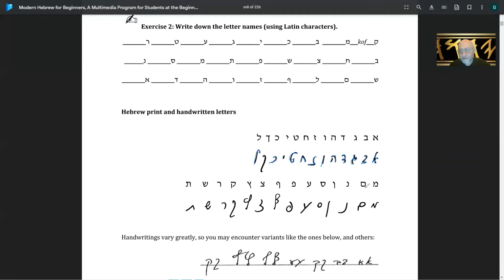Remember, we're not counting the twin letters or the sofits. Mem, Noon, Samekh, Ayin, Fe, Zadik, Kof, Resh, Shin, Tav. Okay.